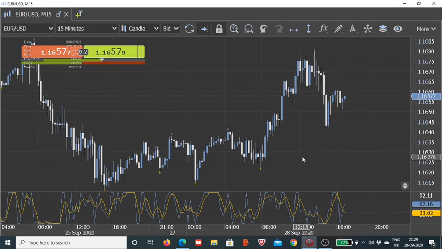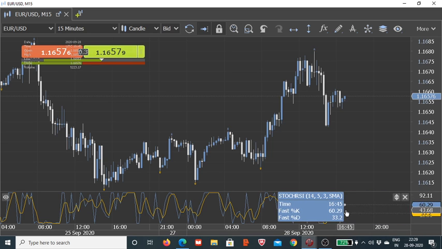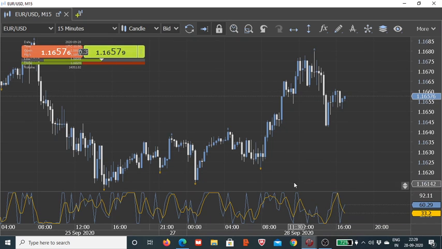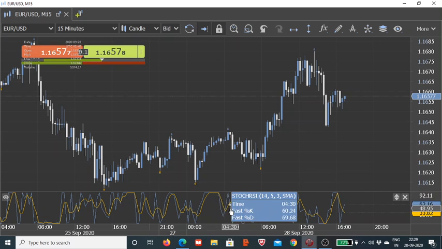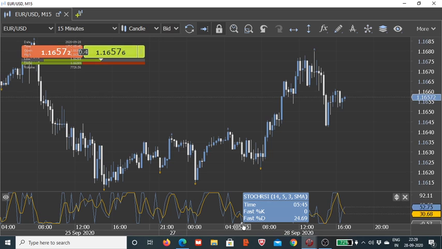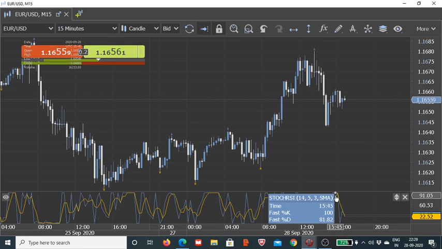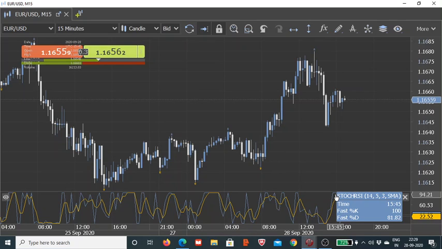experiment with this, I would like to remind some of the popular trading strategies which are used with stochastic RSI. As you might be well aware, we have these values, the fast K and fast D values oscillating between 0 to 100. So here we have the range for 100 points, and anything below 20 is considered as oversold, and anything above 80 is considered as overbought.